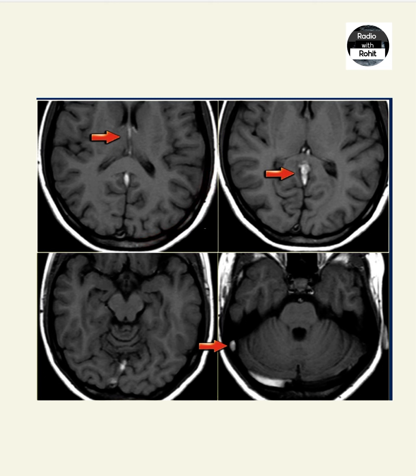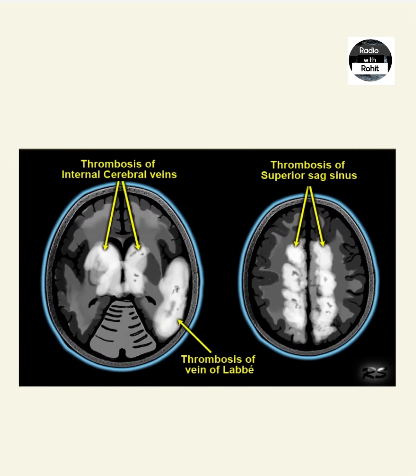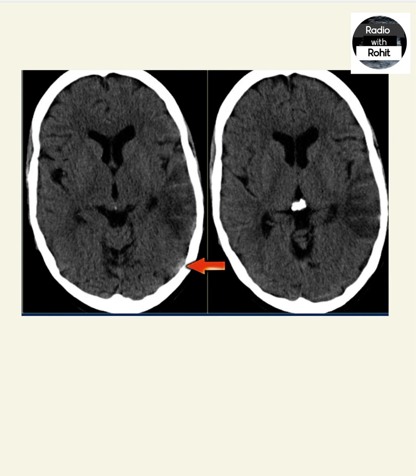So this is a typical case of thrombus in the internal cerebral vein, straight sinus and right sided transverse and sigmoid sinus. Thrombosis of the internal cerebral vein will lead to an edematous condition with hemorrhagic transformation. Thrombosis of the vein of Labbe will lead to temporal lobe involvement, and thrombosis of the superior sagittal sinus will lead to edematous condition in the high parietal region.